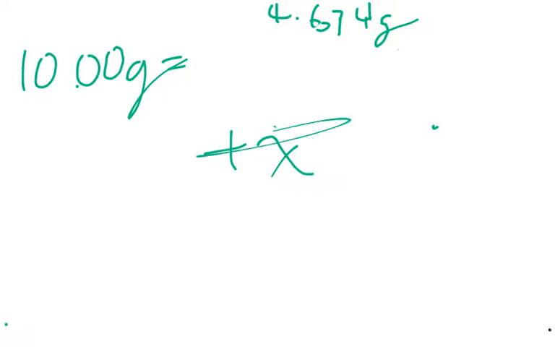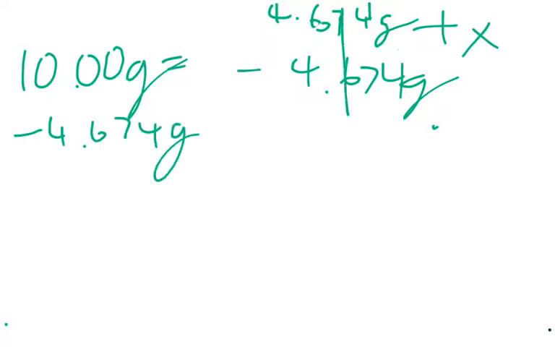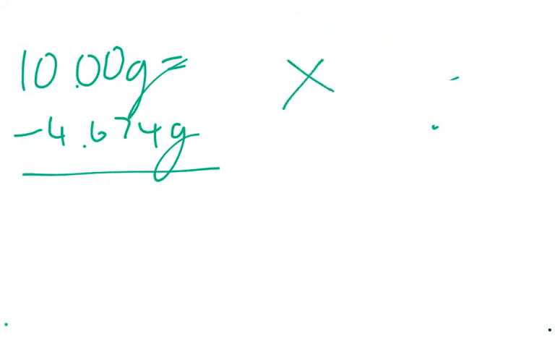Now, how do we isolate this x? Well, we just have to subtract 4.674 grams from both sides. So after doing that, we know that this cancels out completely, so we could erase that, leaving, of course, the x behind. And on the left-hand side, if we subtract 4.674 from 10, we get an answer of 5.33 grams.